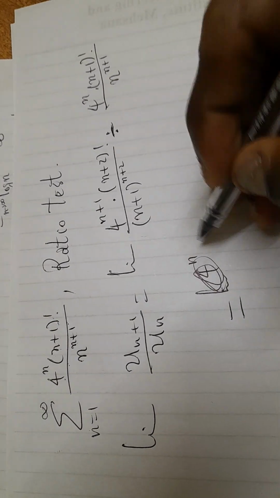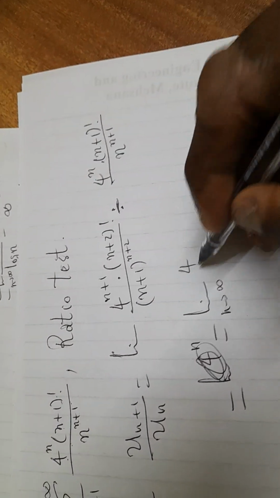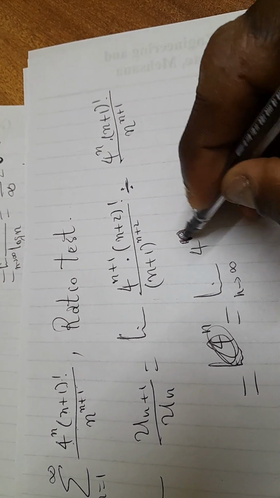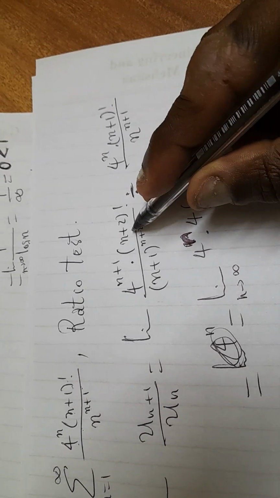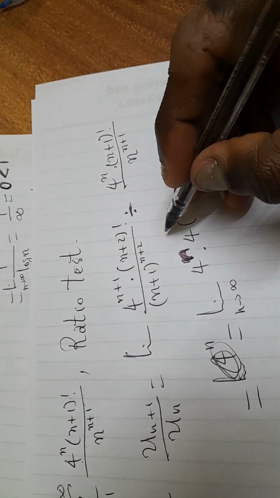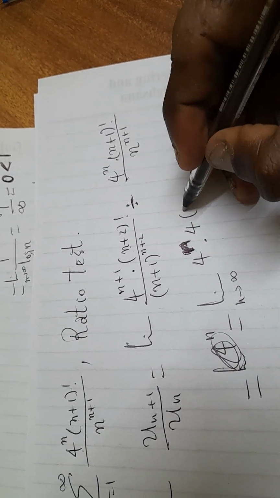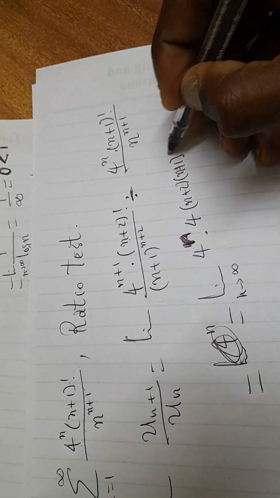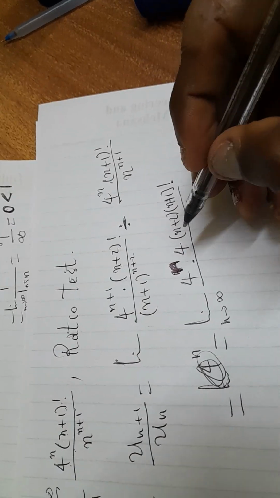As n goes to infinity, this will be 4 to the power n, 4 raised to n times 4, then times 4. Then, to make it equal to this, it will be (n+2) times (n+1) factorial, because I want to cancel them.